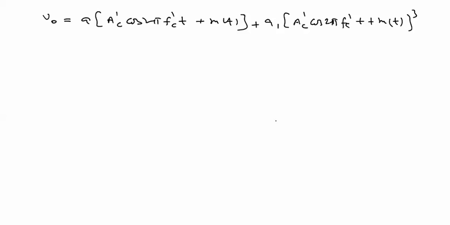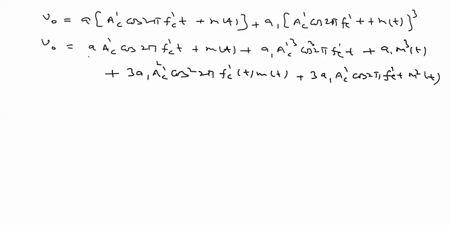Then we expand this expression, and with expansion we get these terms. After getting all the terms, we pass them through an appropriate bandpass filter for DSBSC, double sideband suppressed carrier.